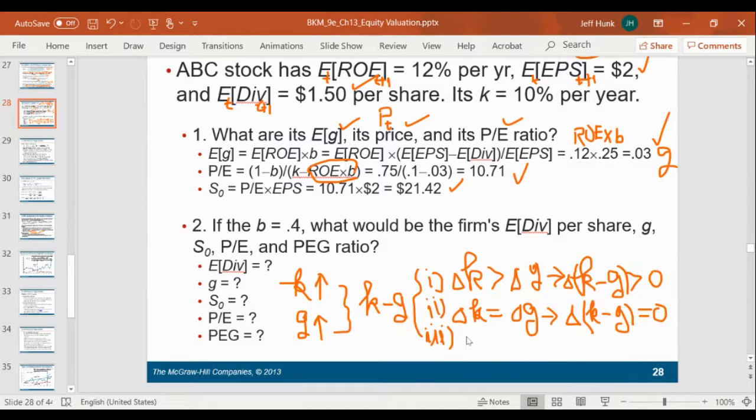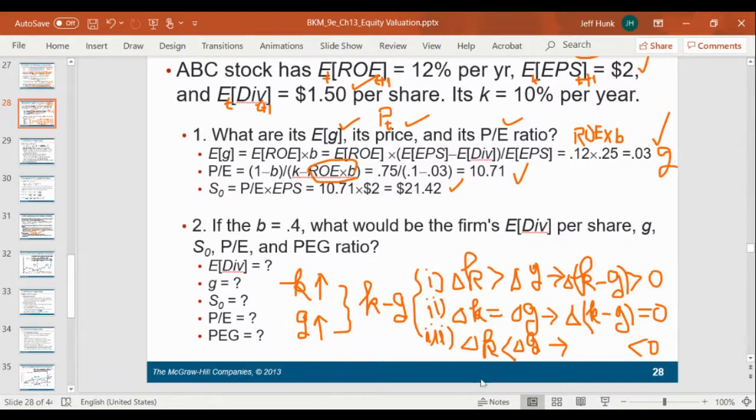Which one happens in reality? Of course, the third is the case when the change in G is greater, and then K minus G is going to be negative. But this is not likely to happen.